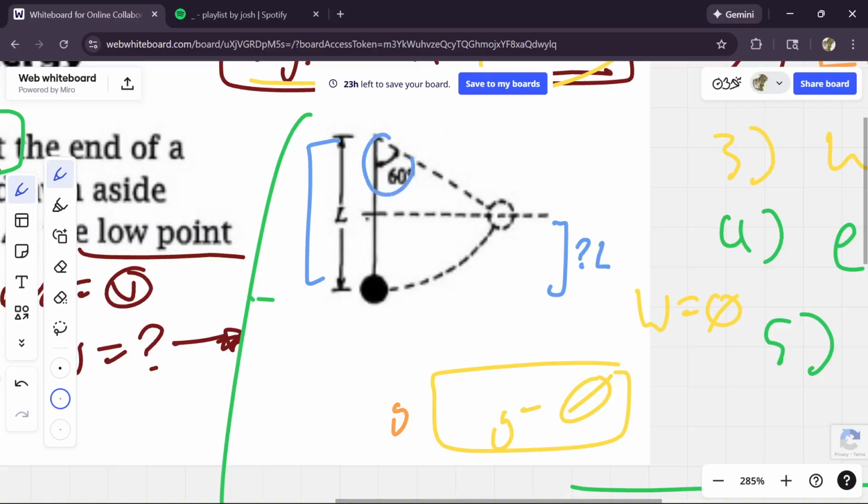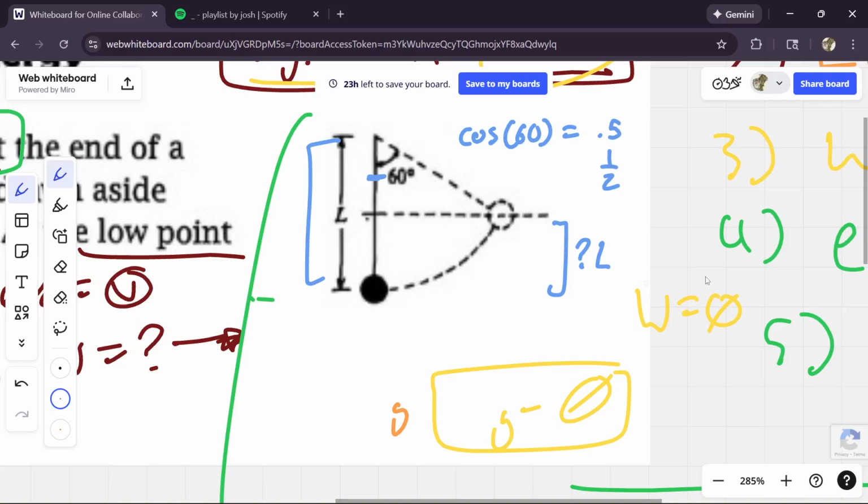And by using the cosine of this angle here, we can solve for whatever this is and just subtract that from the overall length of L. So cosine 60 is equal to 0.5, or 1 half.